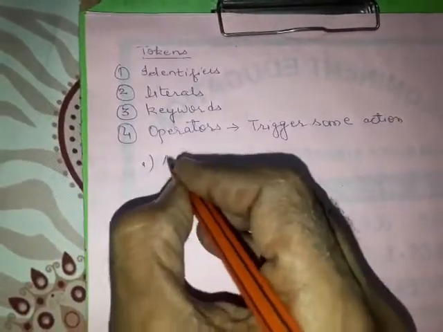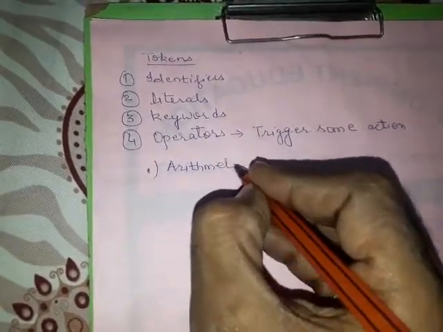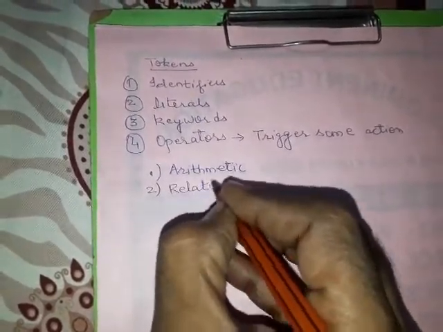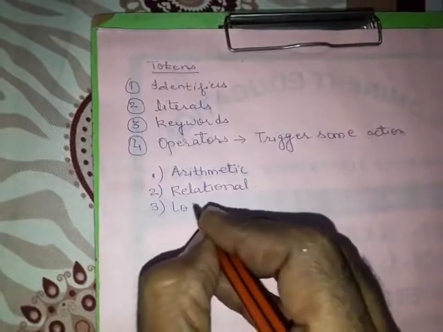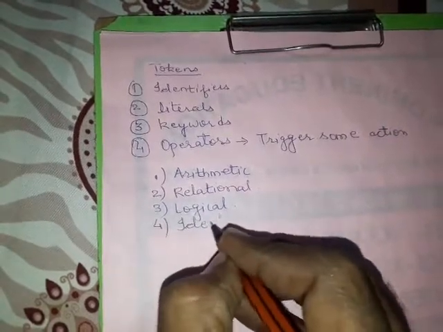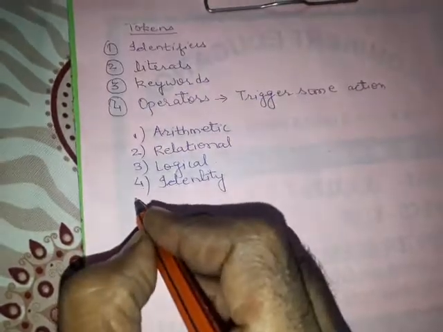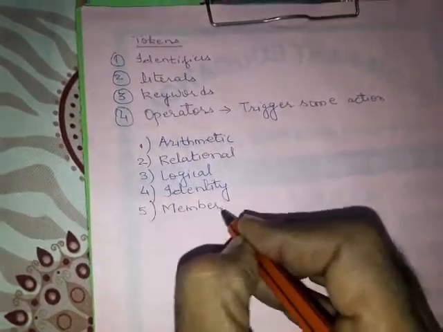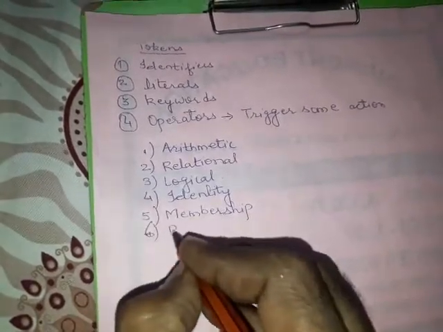First one is arithmetic operator, second is relational operator, third one is logical operator, fourth one is identity operator, fifth one is membership operator, sixth one is bitwise operator.